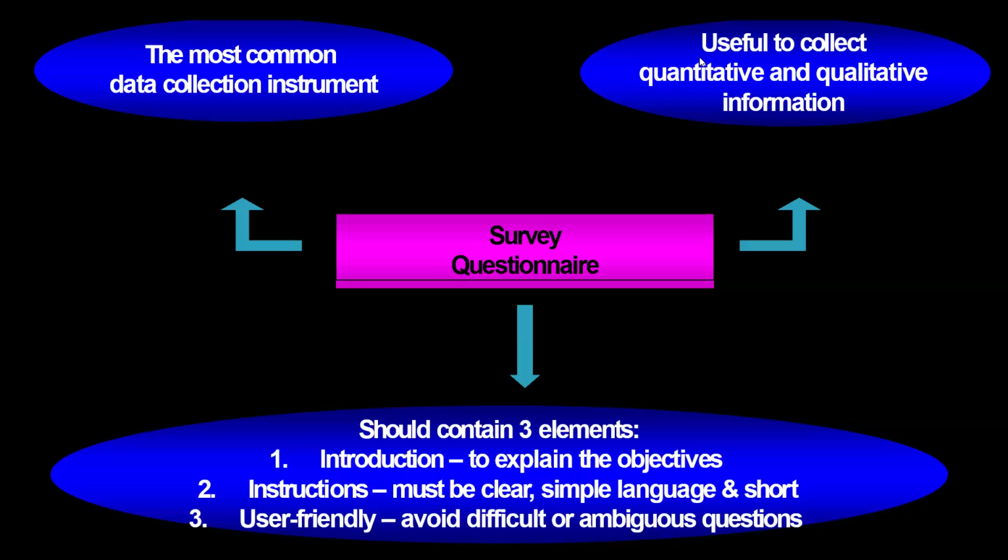So avoid questions which are quite difficult to understand, or ambiguous questions which the customers can't answer. Don't make them confused, or make them think a lot about the question. It has to be very simple and very precise. It should make the customers or the sample size feel comfortable in filling out the questionnaire form.